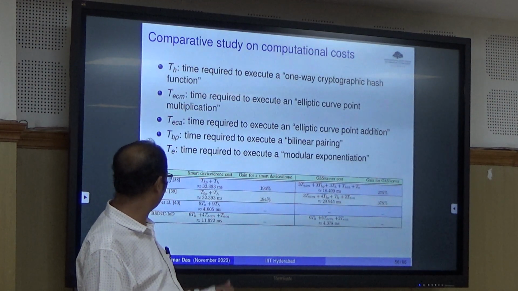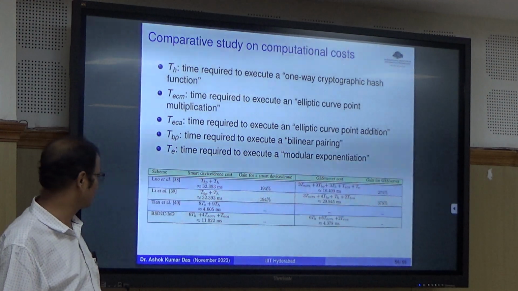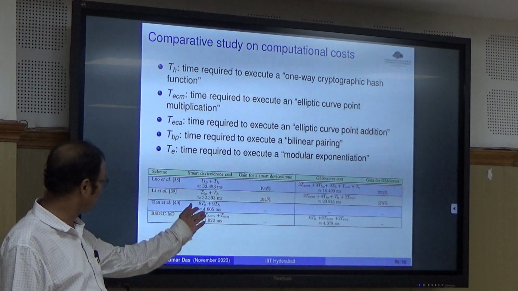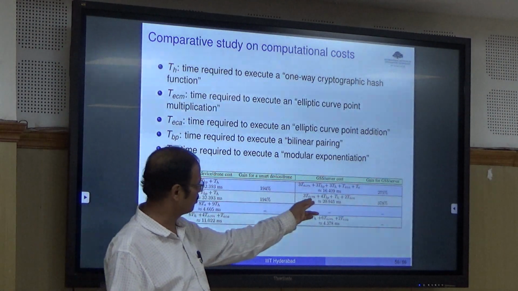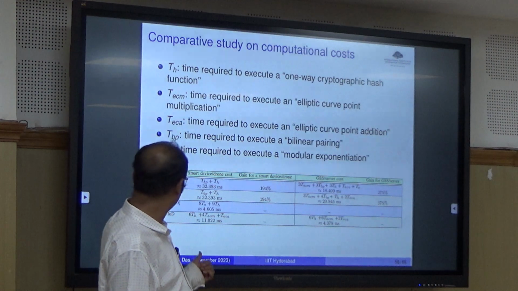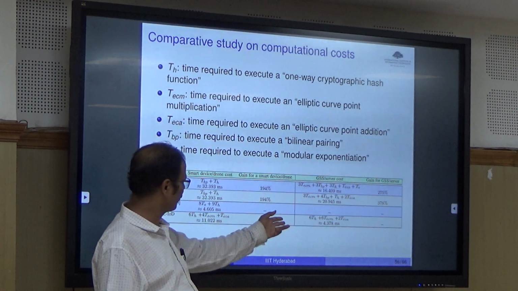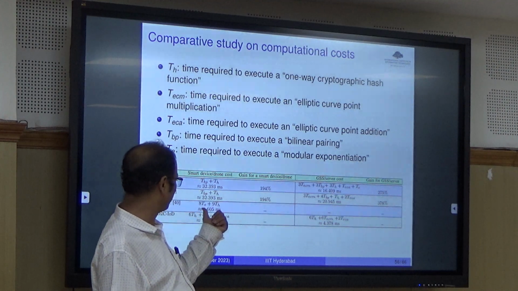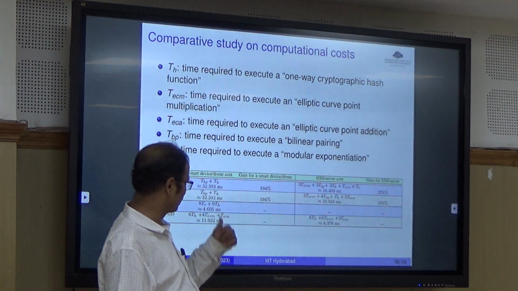Then we have also done computational comparisons for these schemes, and these past two schemes are based on bilinear pairing. That's why the cost is much higher. Our scheme relies on no distributed oracle, and this scheme is the best one because it does not require any distributed oracle.